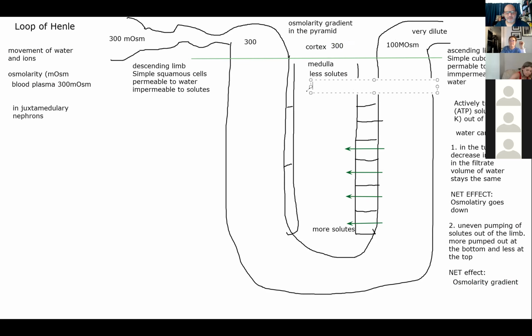But starting in the medulla, it's going to start getting steeper, 400, right? 600. 800. And even by the deepest part of the medulla, it can be down to 1200 milliosmoles. Let's try to distribute that a little bit more evenly.